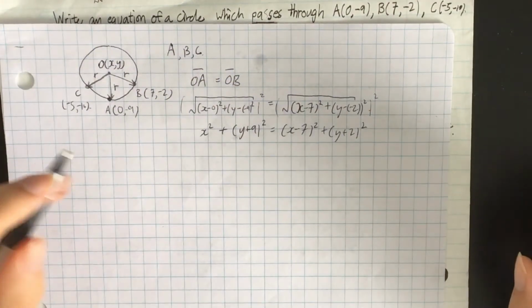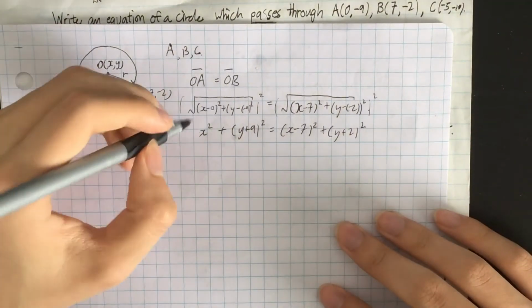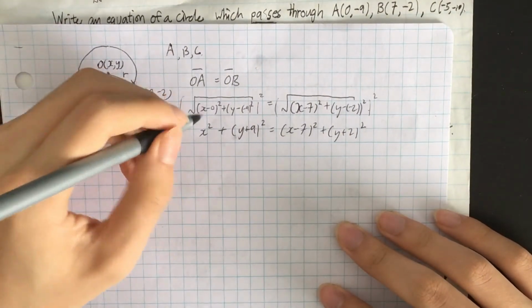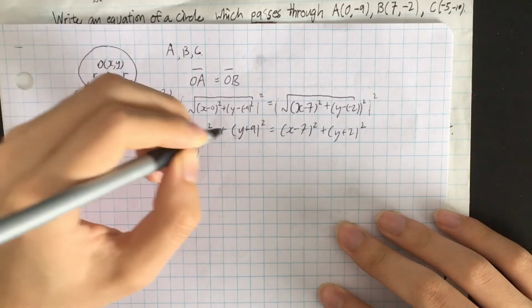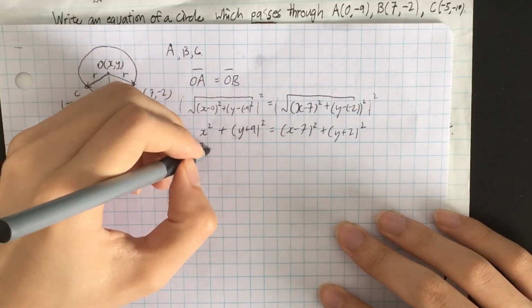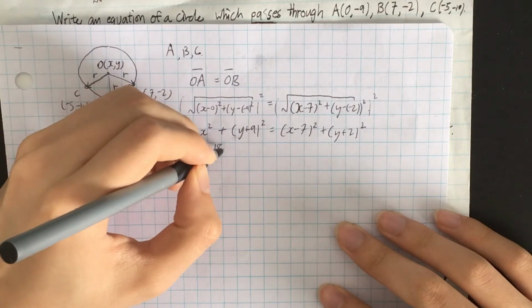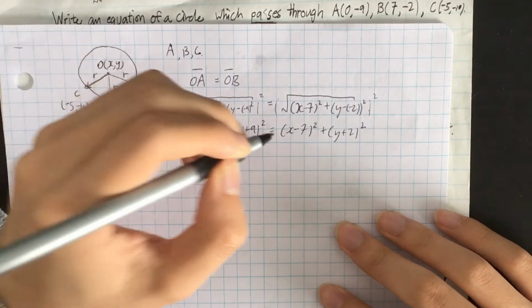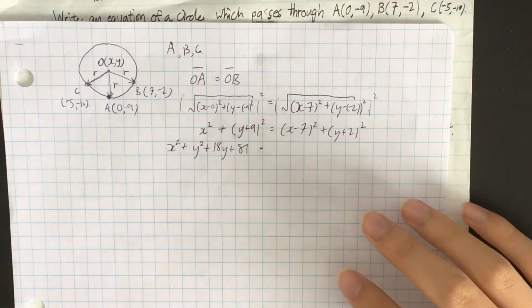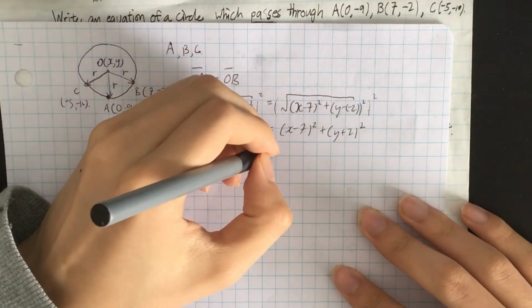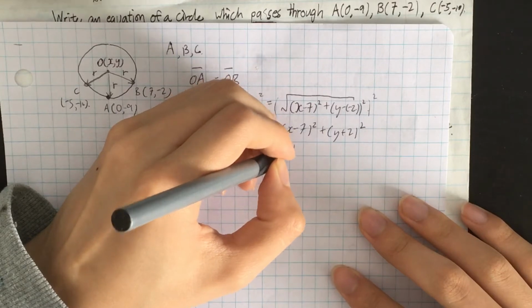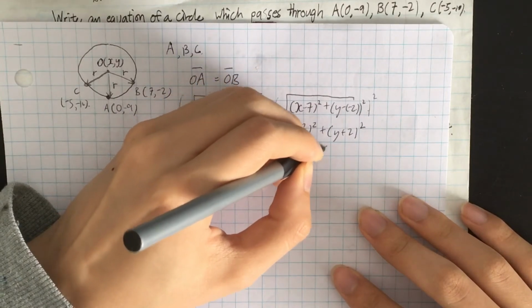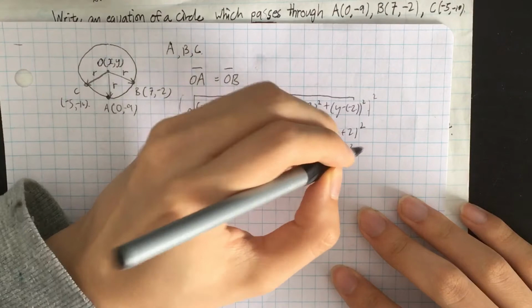So what we're going to do, we're going to expand it. So we have x squared plus y squared plus 18y plus 81, right? FOIL, right? And then FOIL again. So this is 14x plus 49 plus y squared.